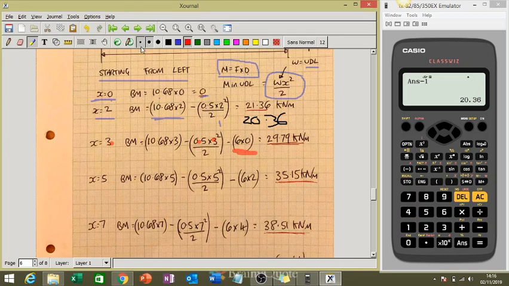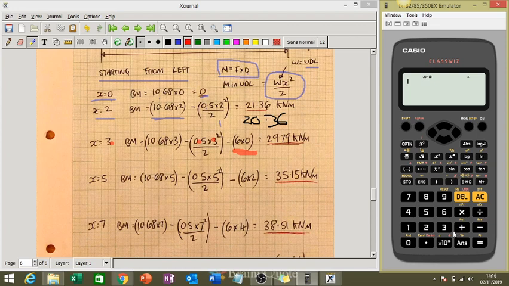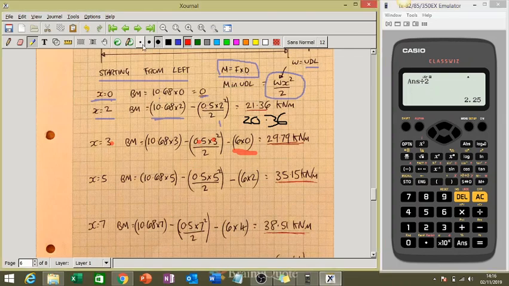So let's see, right, and let's do that just slowly now. So 0.5 times by 3 squared divided by 2 gives me 2.25. Obviously you can keep it in your calculator, you haven't got to do it like this. 2.25 there.